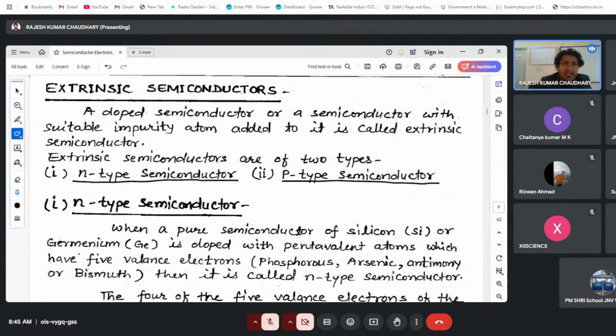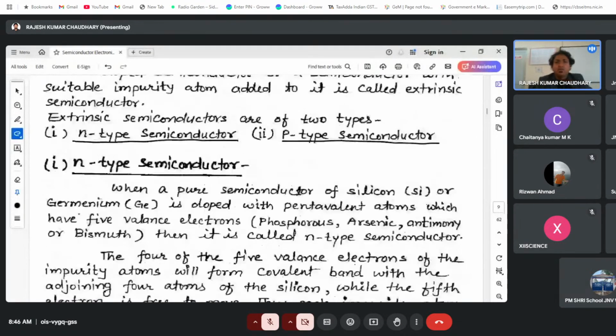You can simply say that in one kind of semiconductor, majority charge carriers will be holes, that is positive, and in the other kind, negative charge electrons are the majority charge carriers. That's why it is called negative. So we have named these two semiconductors on the basis of their charge carriers. Got it?